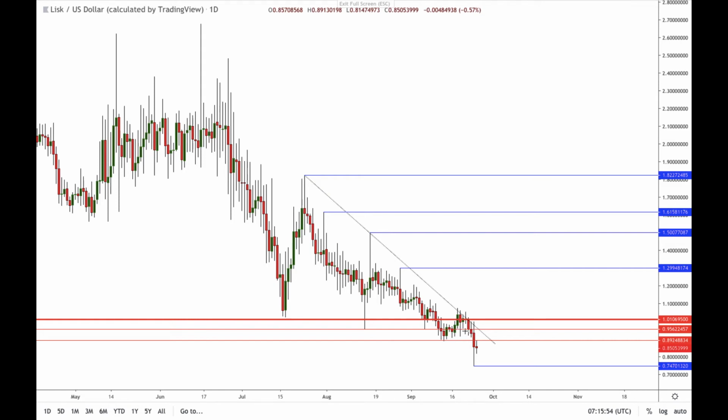They have been broken, and then a new low has been made at 0.74. So this is still typical price action for a trend continuation move, and the trend is obviously down.